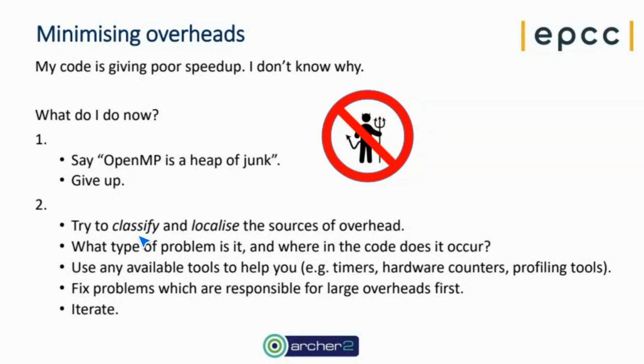If we can do that, then we have a reasonable chance of directing some optimization and fixing it. In some sense that's no different from sequential optimization. Think about what the problem is and where in the code it is happening. Use tools to help you: timers, hardware counters, profiling tools. And obviously, the usual thing, fix the big problems first.